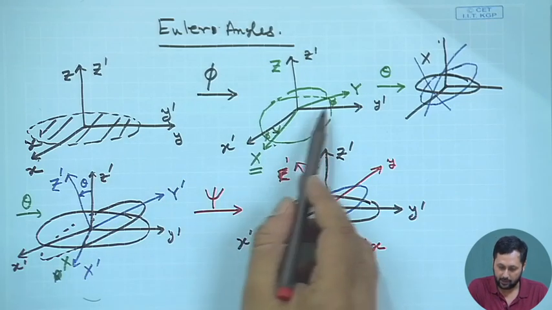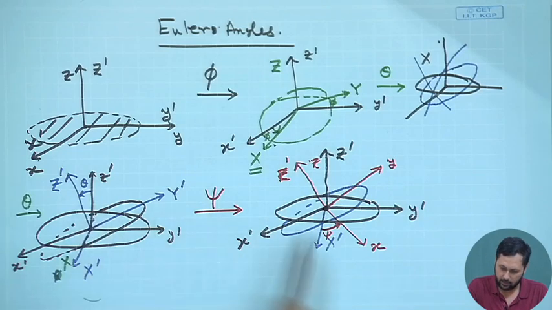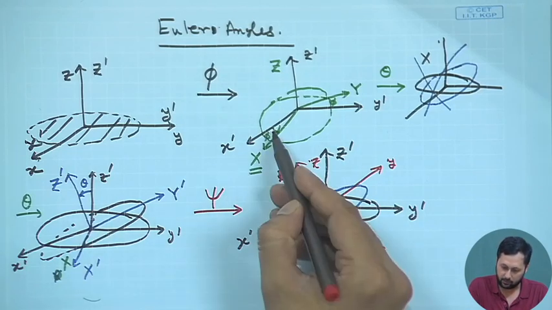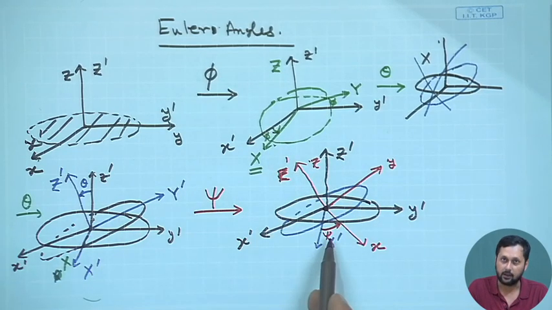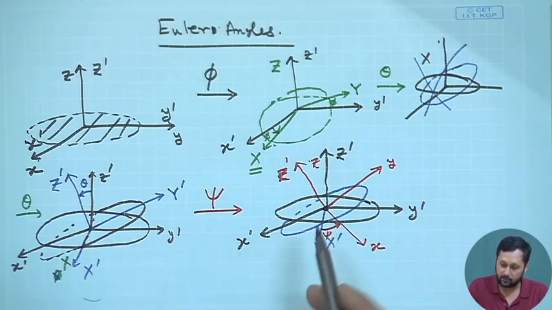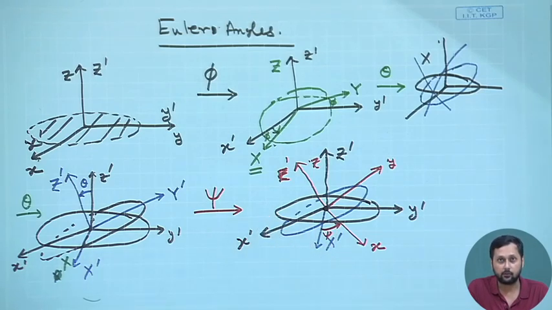So, phi, theta and psi are my three angles.